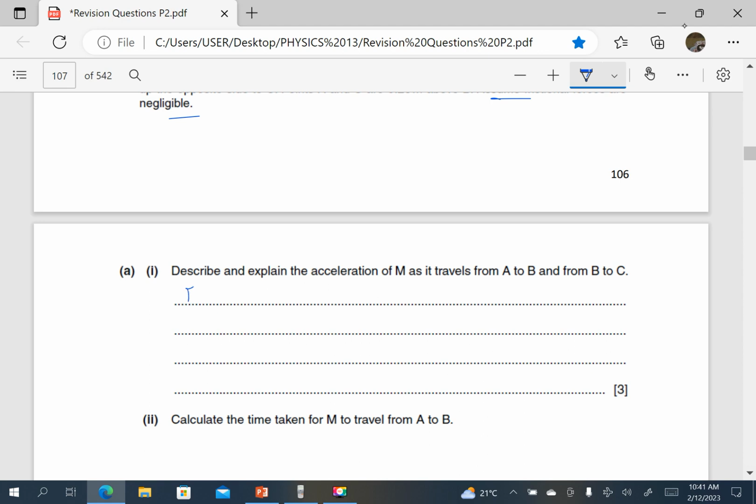So we can say from A to B, what contributes to this acceleration?